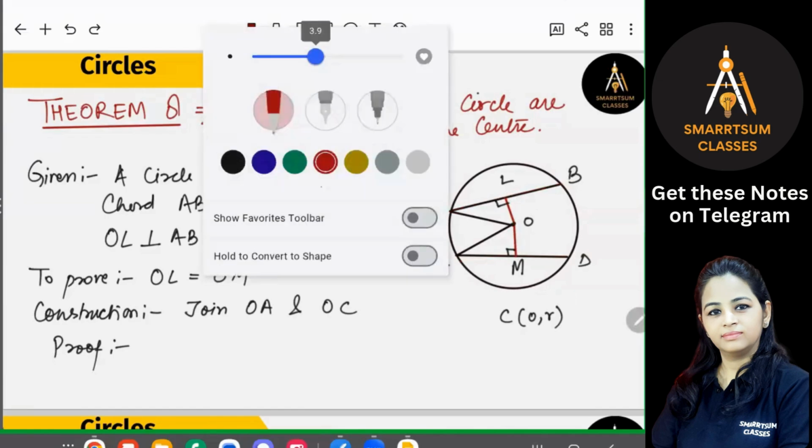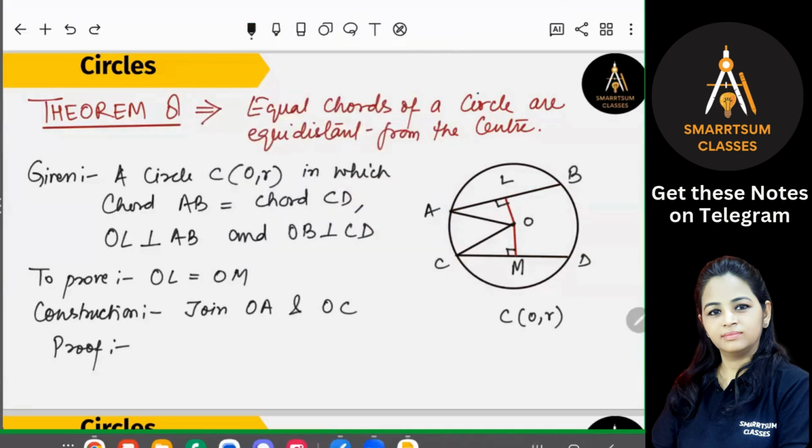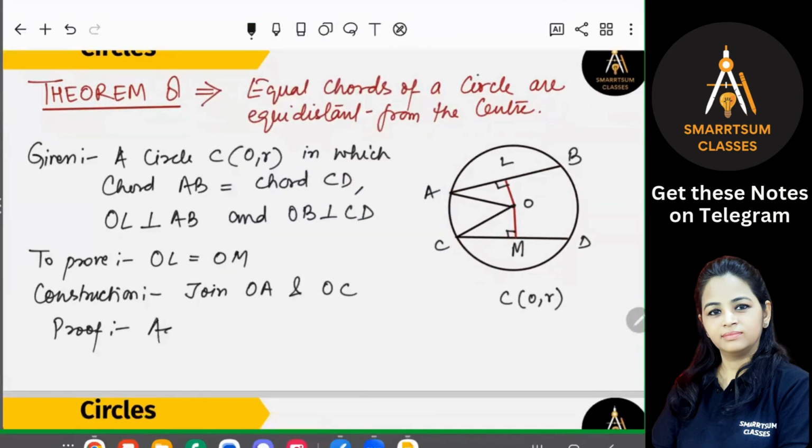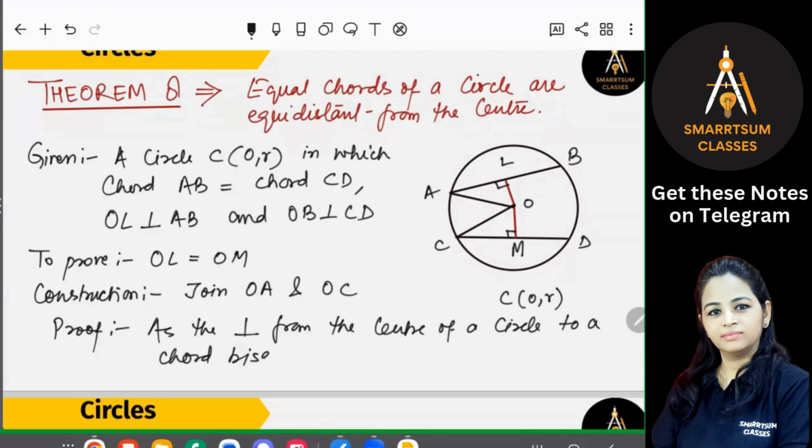Okay. So what we will do to write down: the perpendicular from the center of a circle to a chord bisects the chord, right? That means what?